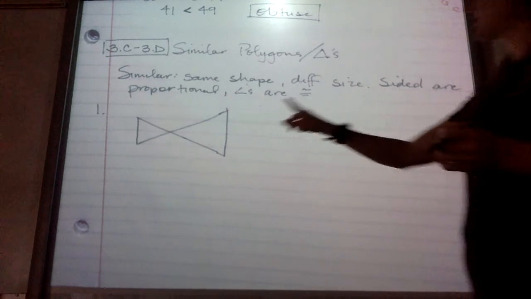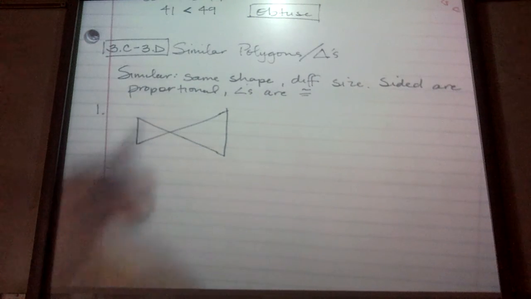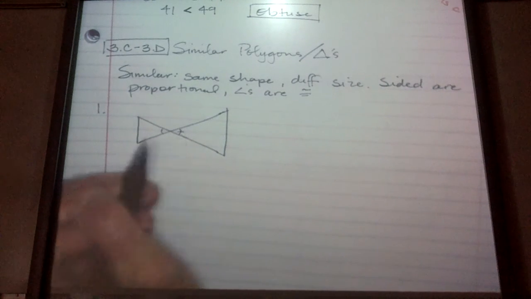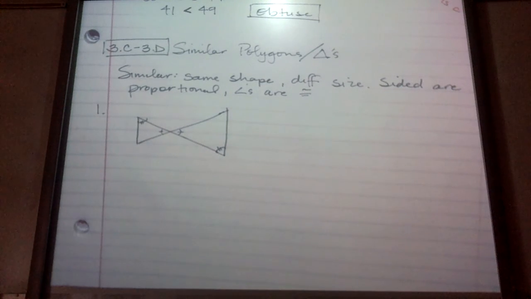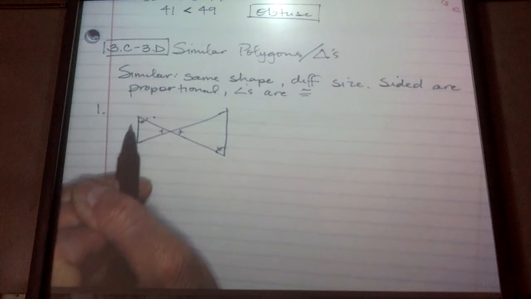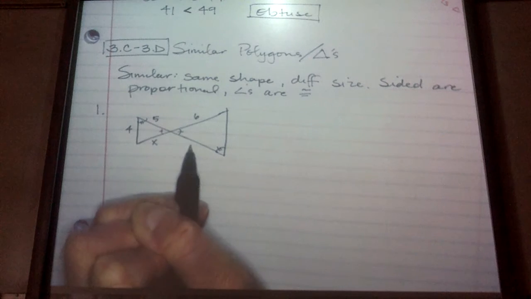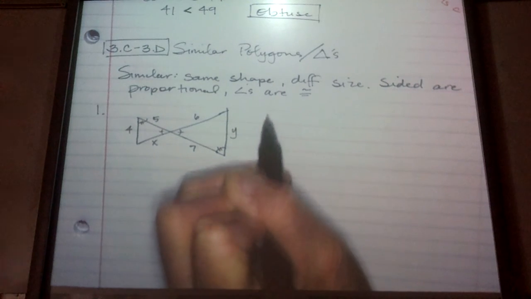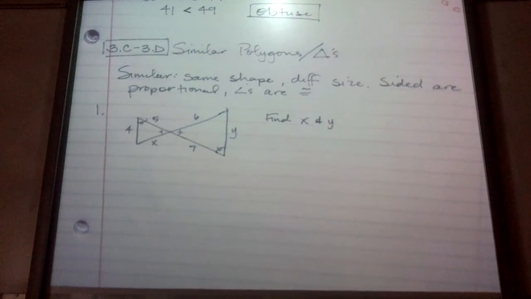I know that these are vertical angles, but I'm just going to tell you that these are similar, and these angles are equal. I'm going to give you the sides. The small triangle has 4, 5, x, and the larger has 6, 7, y. They'd like us to find x and y.